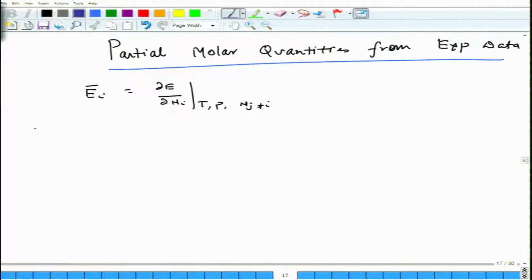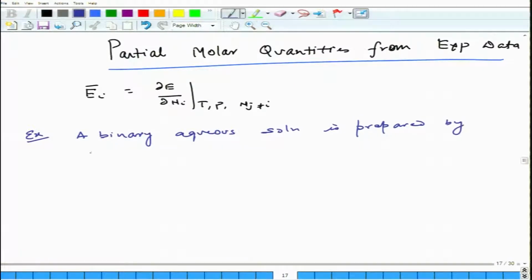So, this is a case where we have a binary aqueous solution of water and sucrose. So, let us assume that you want to prepare a binary aqueous solution by mixing 2 kgs of sucrose in 100 kg of water. Okay.